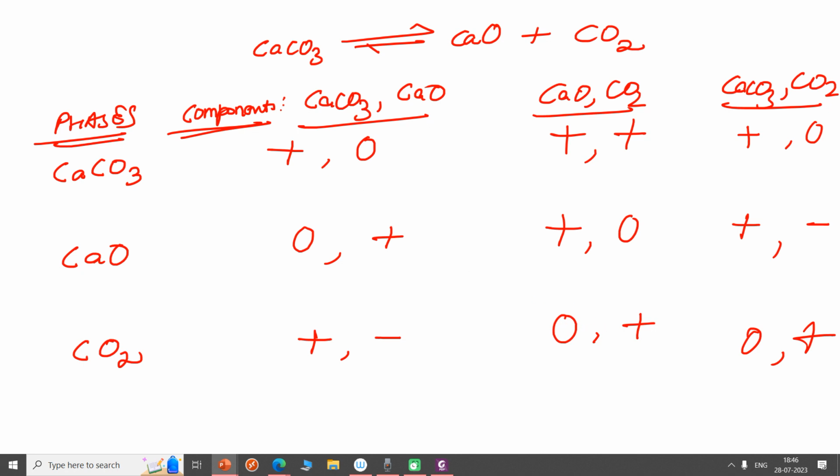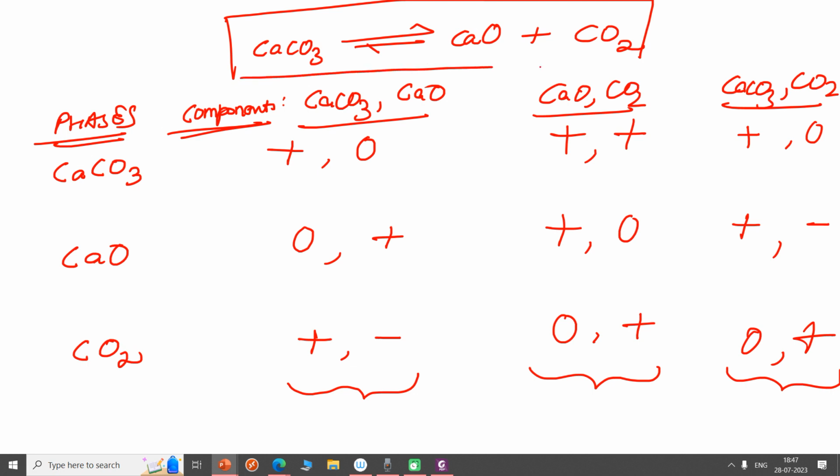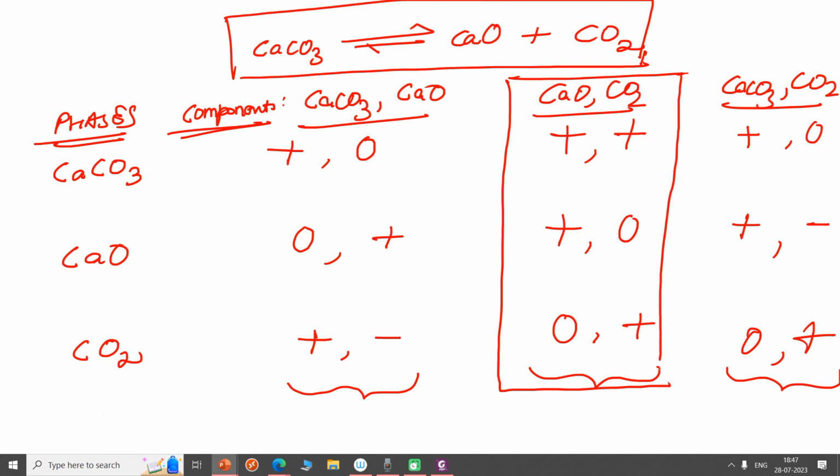So we can see that each of these combinations of chemical constituents, that is calcium carbonate plus calcium oxide, or calcium oxide plus carbon dioxide, or calcium carbonate plus carbon dioxide, can individually or independently be taken as the components of this equilibrium system. However, it is more convenient for me to take this one, because then I don't have to subtract anything. I just have to add it up to get all the phases present in my equilibrium system.